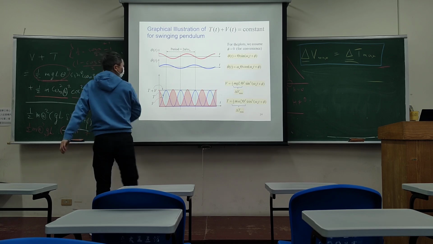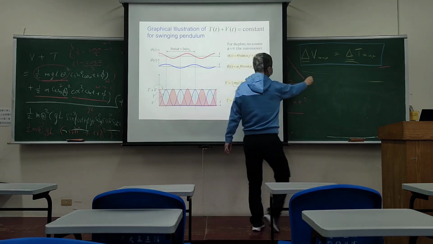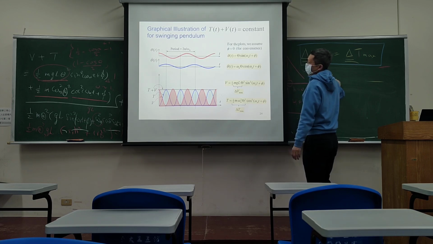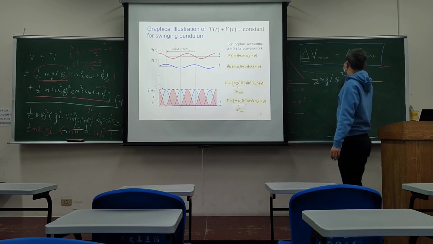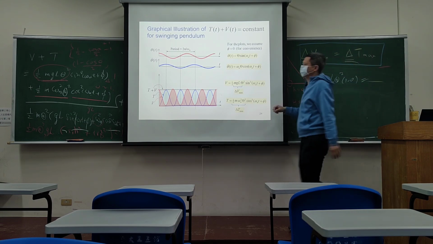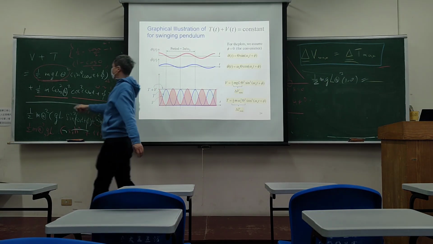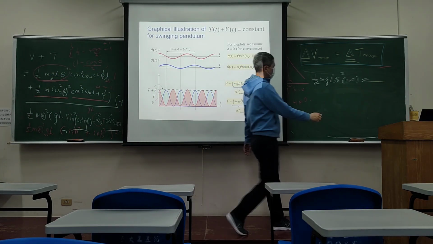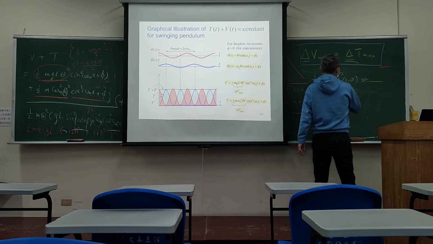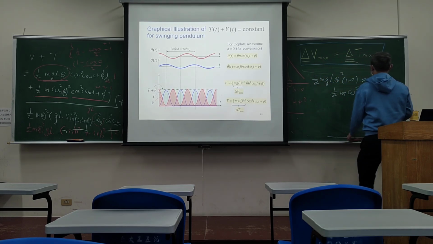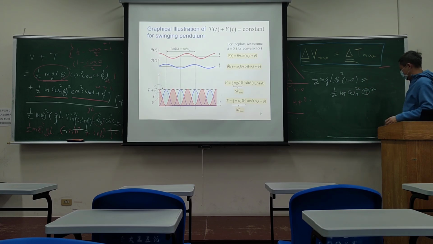So what is that change of potential energy? This is your half mgl capital theta times 1 minus 0 is now equal to half m omega n theta squared. So this is going to be half m omega n squared theta squared. Okay?